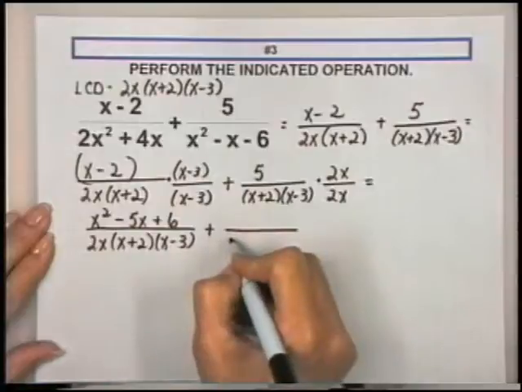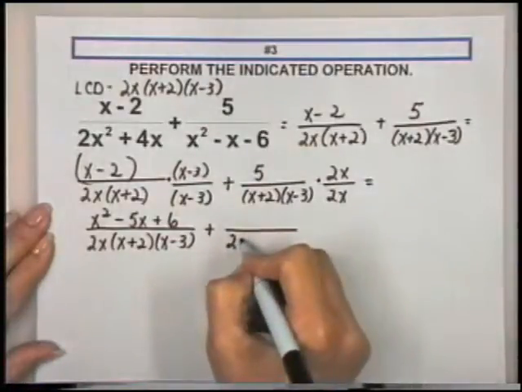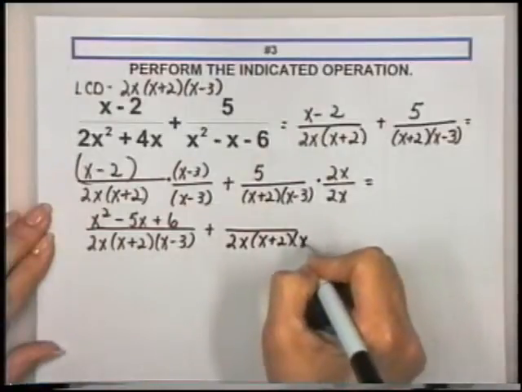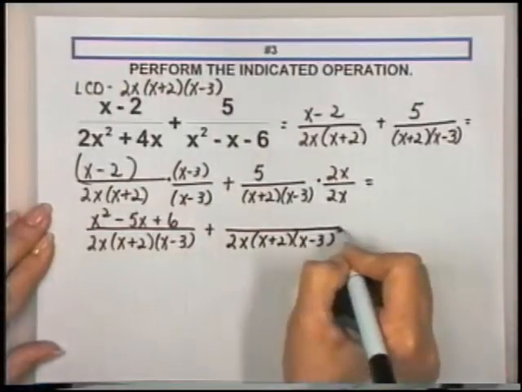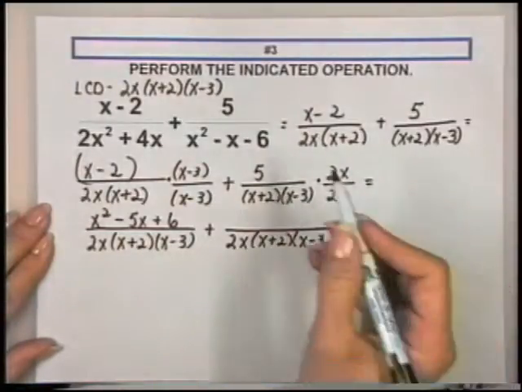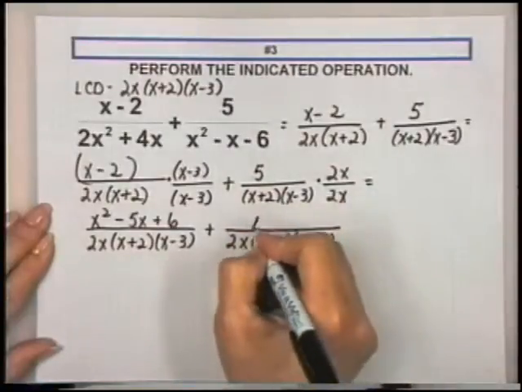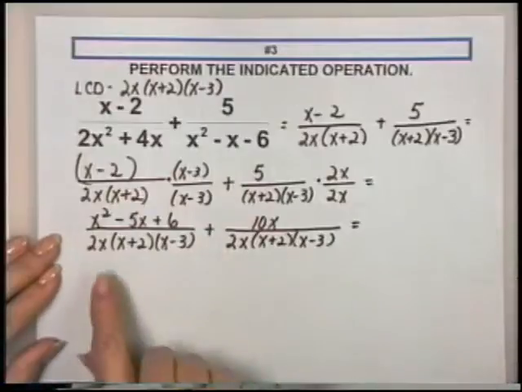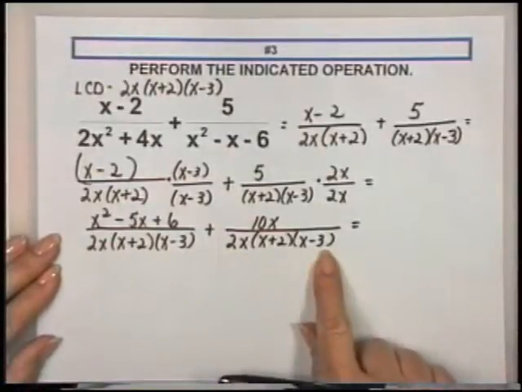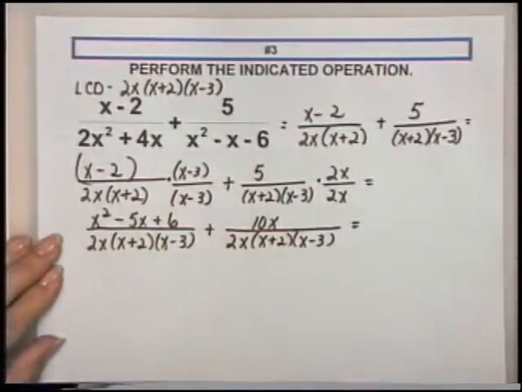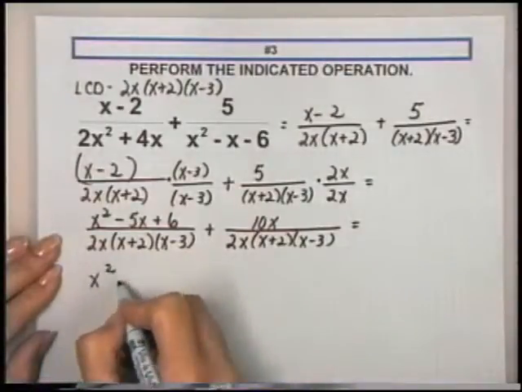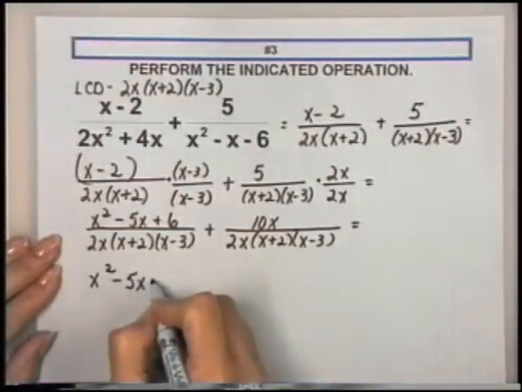For my second fraction, let's write the denominator in factored form. I will write the numerical factor 2, then x, then my x plus 2, and my x minus 3. In my numerator, I'm multiplying 5 times 2x, and the result is 10x. My denominators are now the same, so I may combine my numerators.